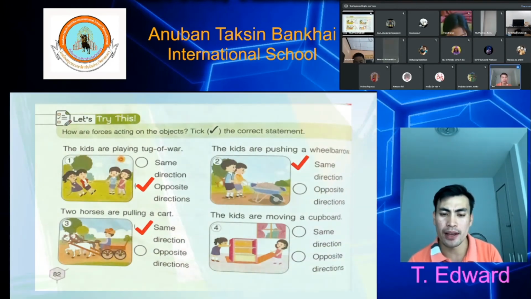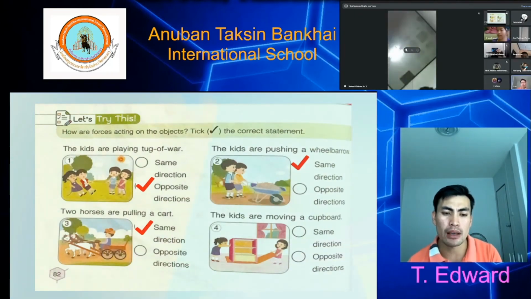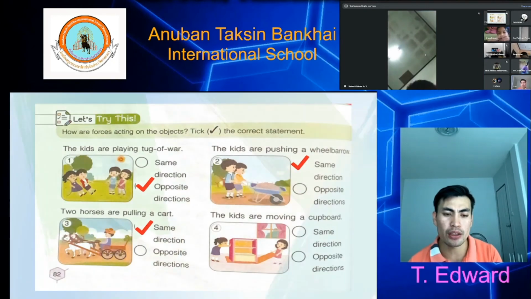Number 4, I will call Metawit. Metawit, what is your answer for number 4, please? Same direction. Look at the picture. Are they going in same direction or opposite directions? Same direction. Very good. Good job.